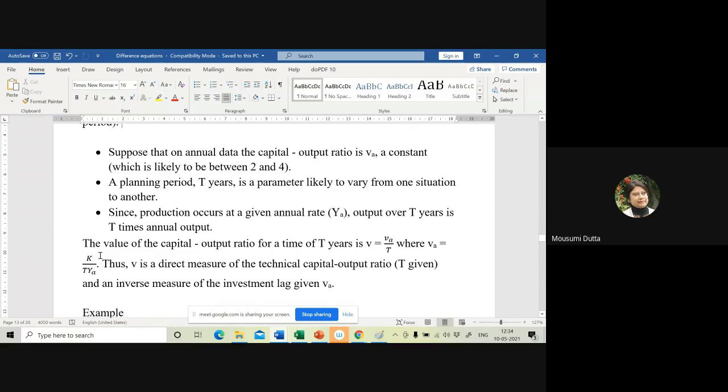In macro, we present capital by K, and in micro too, so I am using that notation.